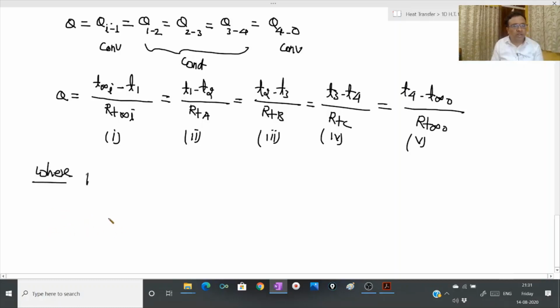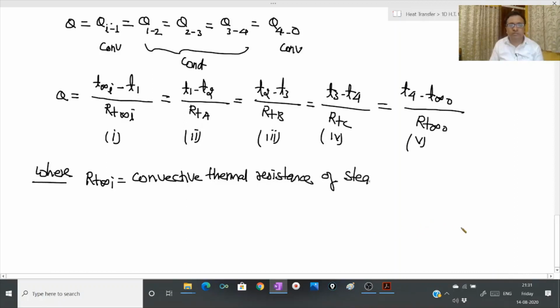So after referring to the data book, RT infinity I is the convective thermal resistance of steam, and it can be given by, this formula is also given in the data book, 1 over h infinity I into AI.